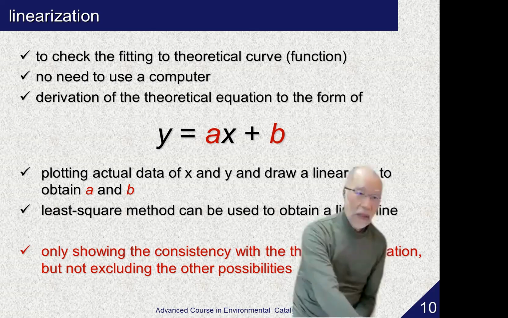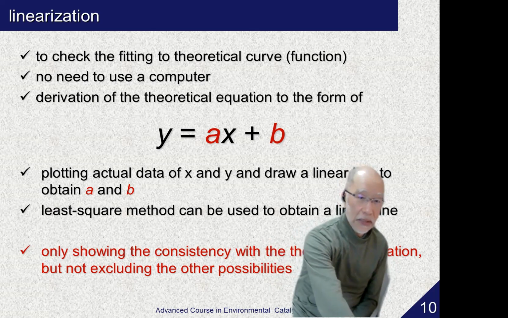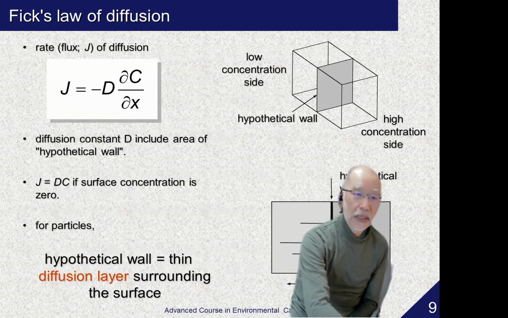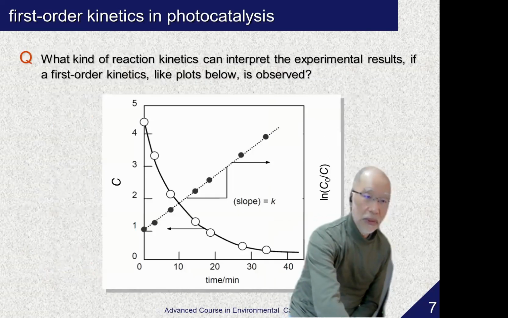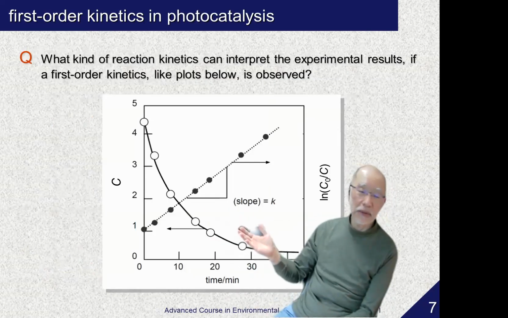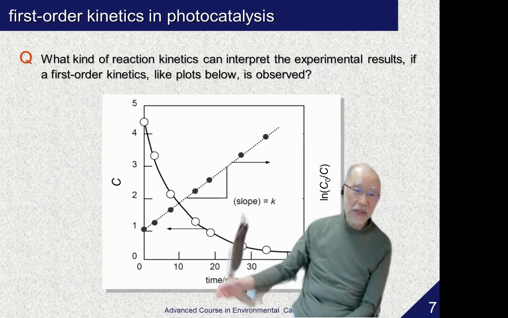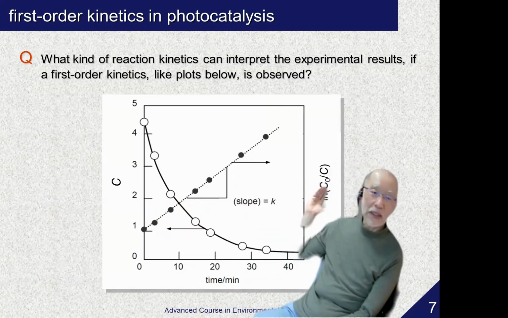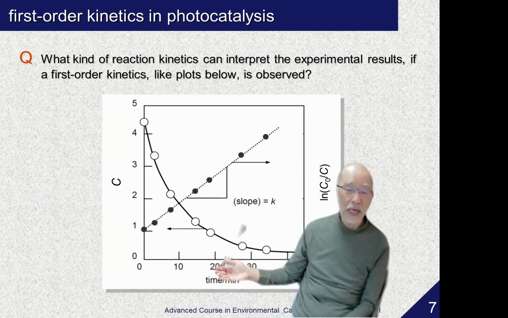So again, when we make the linearization, these two cases and also the conventional first order kinetics all obey this linearization. In this case, the logarithm of concentration is plotted against time.